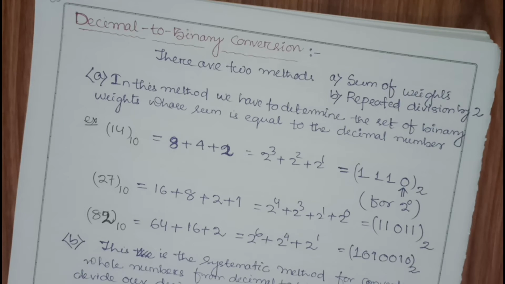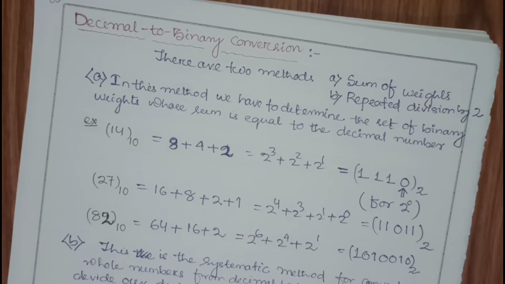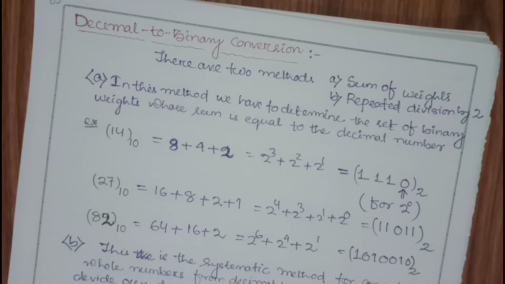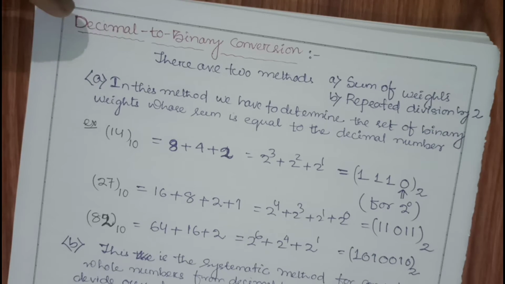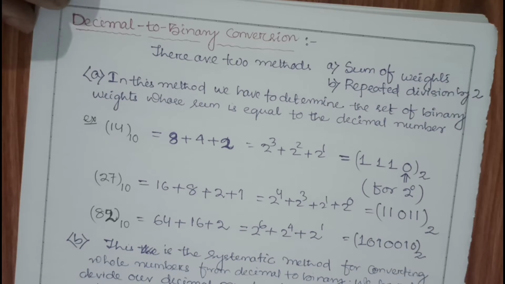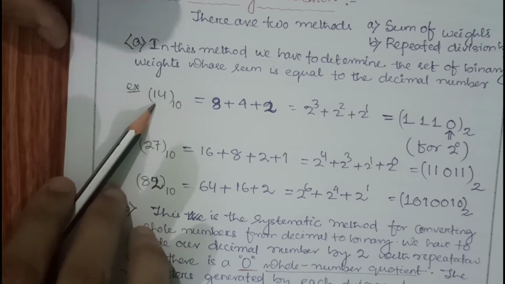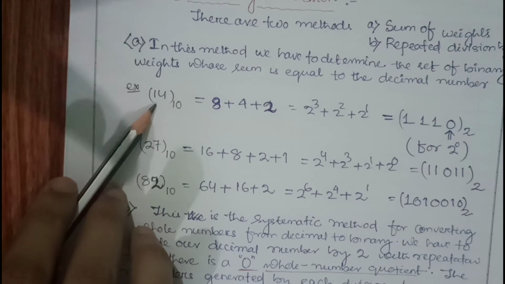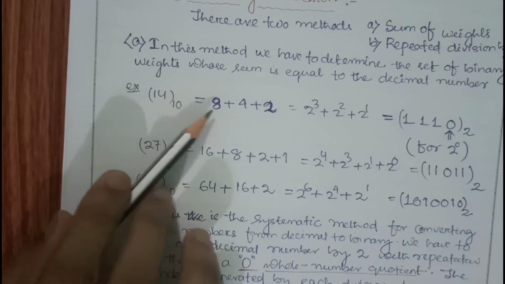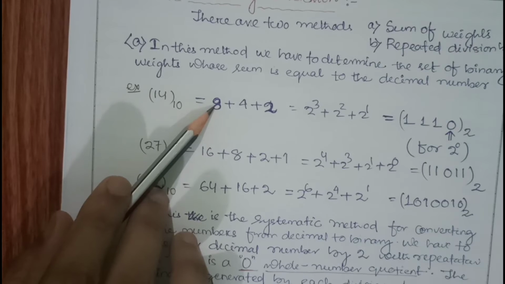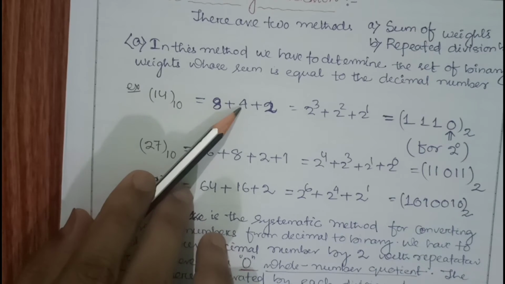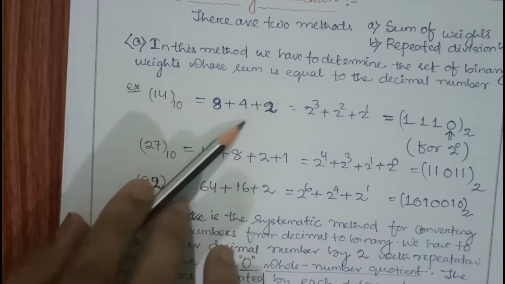When any decimal number is given, first you have to see which values, in 2 power form, I can add to get that decimal number. Suppose I have the number 14. You see this is 2 power 3, this is 2 power 2, this is 2 power 1.